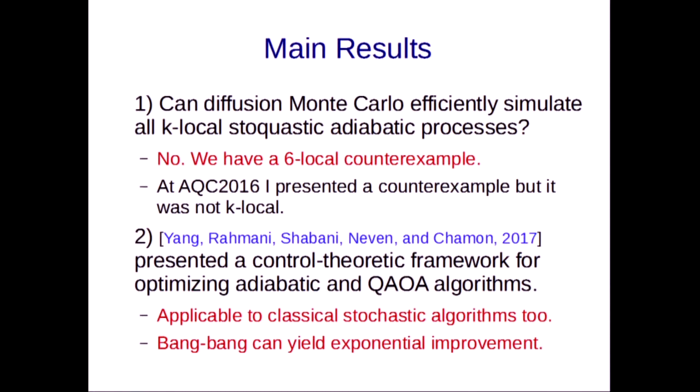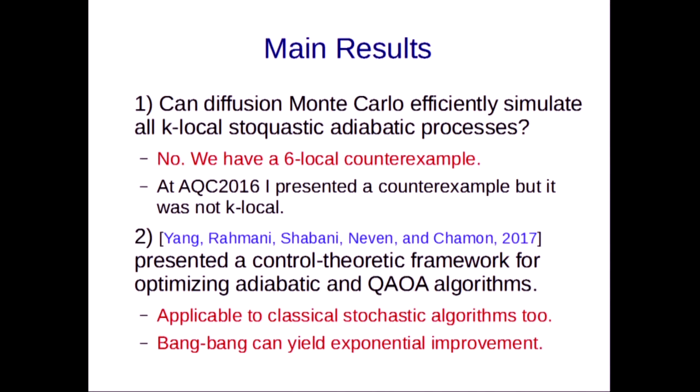So just to summarize what I'm about to tell you, the first part of my talk will address this question of whether these continuous time random walks described by this diffusion equation could be used as classical randomized algorithms for simulating stochastic adiabatic computing, and whether those algorithms would be efficient.